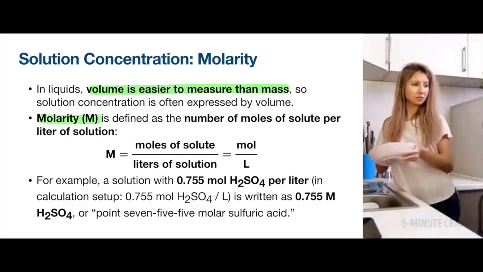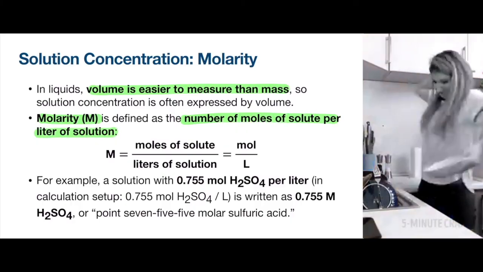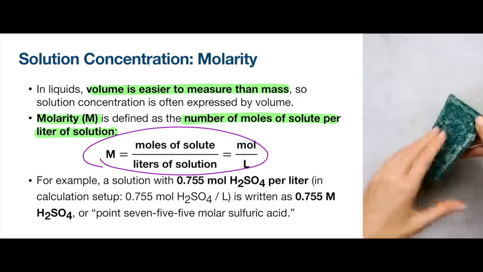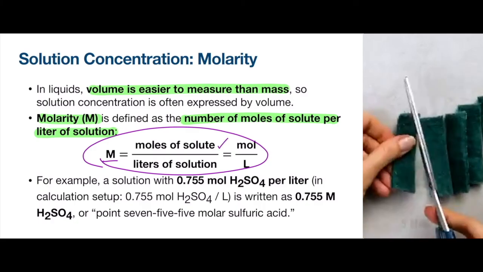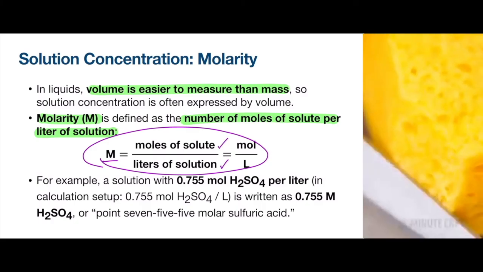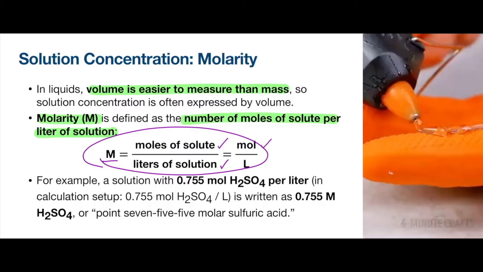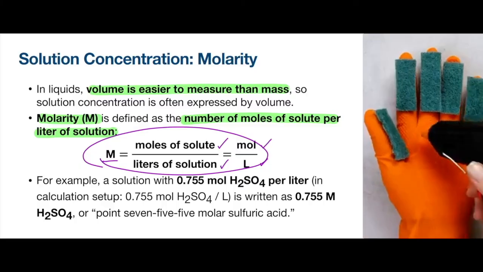Molarity is defined as the number of moles of solute per liter of solution. And that is summarized in this formula. Basically, molarity tells us how much solute is dissolved in a given volume of solution. It is defined as the number of moles of solute divided by the volume of solution in liters.